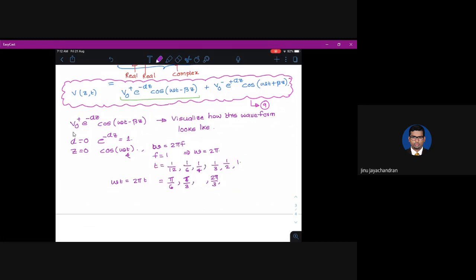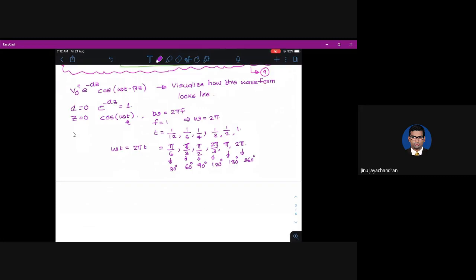So I have pi by 2, 2 pi by 3, pi, and 2 pi. So basically this is 30 degree, 60 degree, 90 degree, 120 degree, 180 degree, and 360 degree. I'm just taking the values so that we can plot the values and see how it looks like.